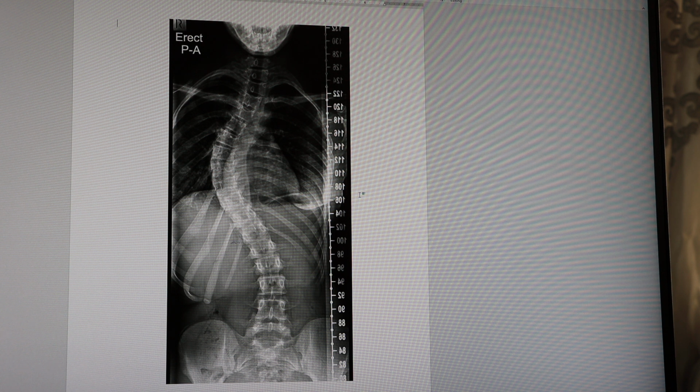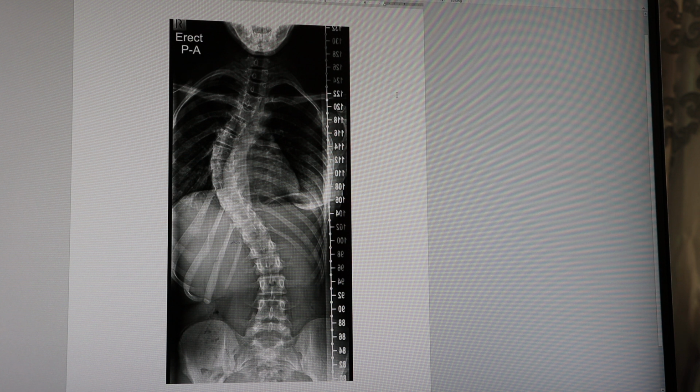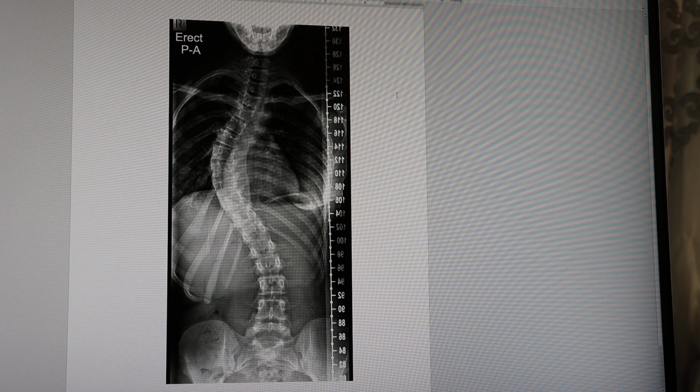So now, after that, we have the AP, or this one is a PA image. This image should be taken in an erect position, or standing, whilst the patient is standing, because this is the actual representation of the curve.